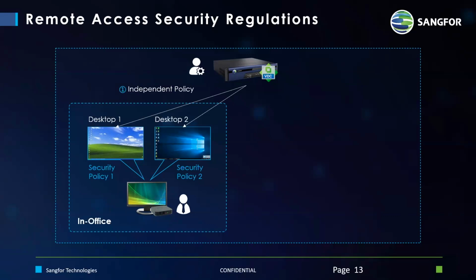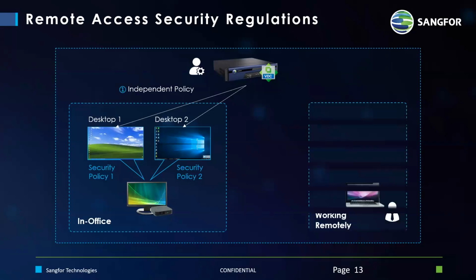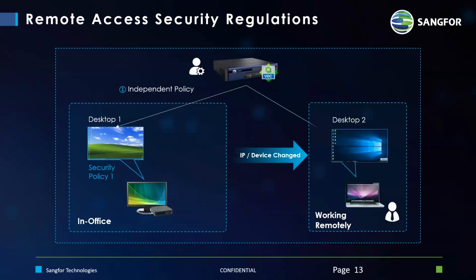When a user connects with one desktop, his security policy will be different from when the same user connects with a different VM. So you can set independent policies for the user. And when this same user goes home, working from home or from anywhere, he has his own desktop, which is the second desktop, and the security policy will be different.